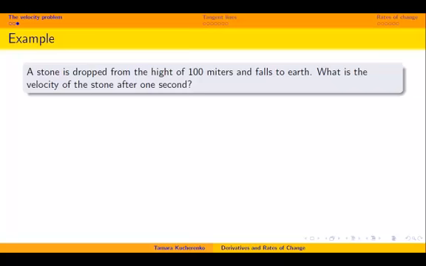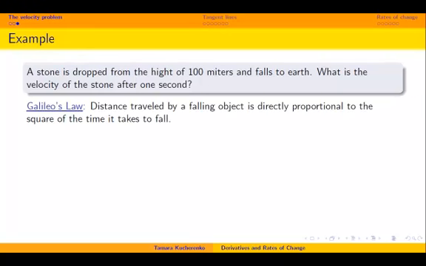Galileo's experiments resulted in the following law. Distance traveled by a falling object is directly proportional to the square of the time it takes to fall.